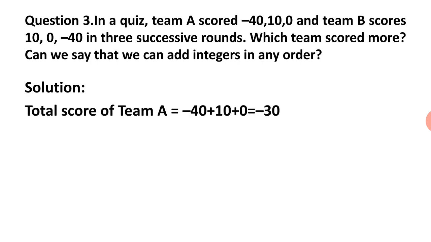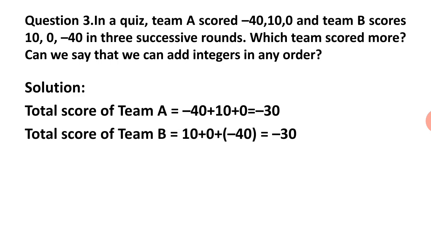Solution. Total score of Team A, -40 plus 10 plus 0 gives you -30. And total score for Team B, 10 plus 0 plus -40, the answer is again -30. Which team scored more? So actually the scores are equal.